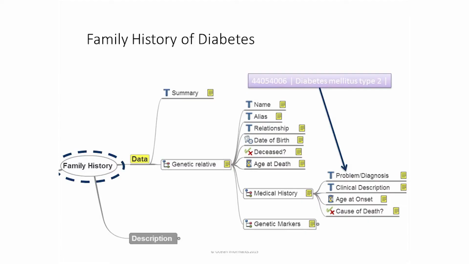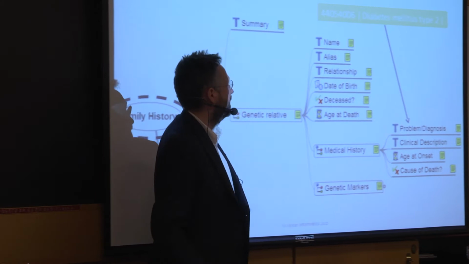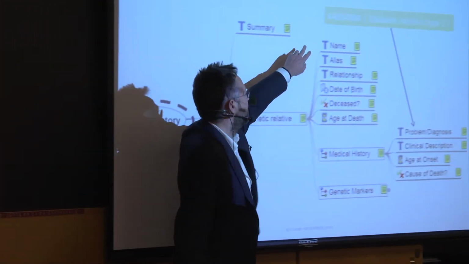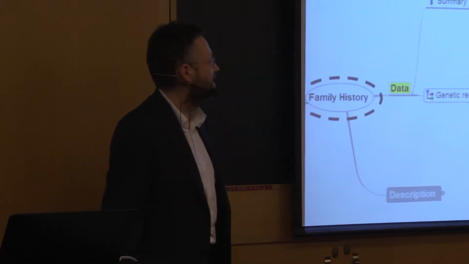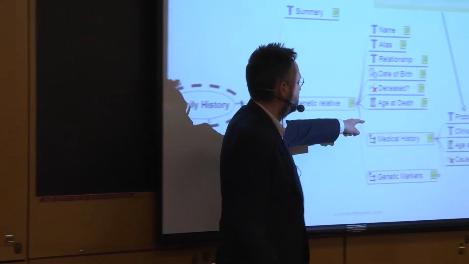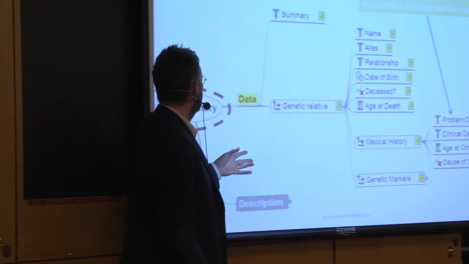But that's not the only thing. There are other ways of using the same code. So, for example, there is a family history archetype, which has a lot of stuff there. But then there is a problem diagnosis field there as well. And if we put the same code 44054006 in that slot there, then the meaning becomes different.